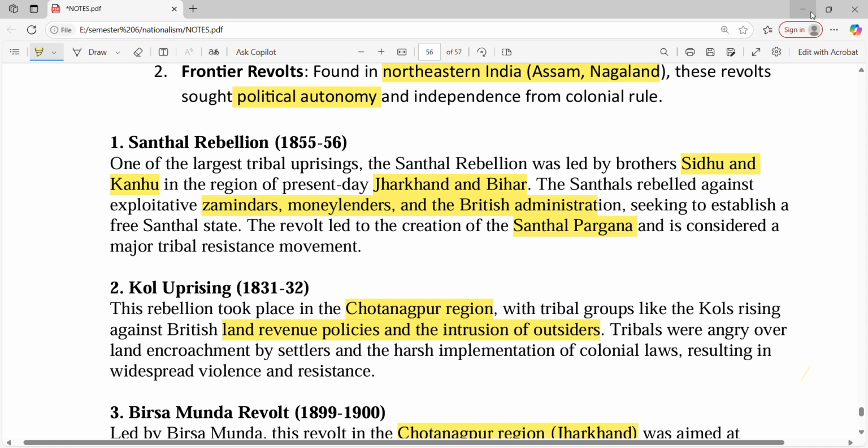Also, this revolt led to Shantal Pargana's creation, 5,500 square miles from Bhagalpur and Birbhum districts. Mass scale violence occurred; books of money lenders and government buildings were burnt and their exploiters punished.